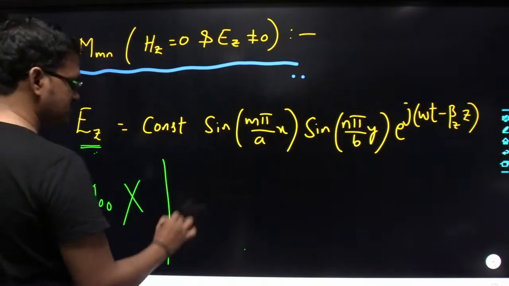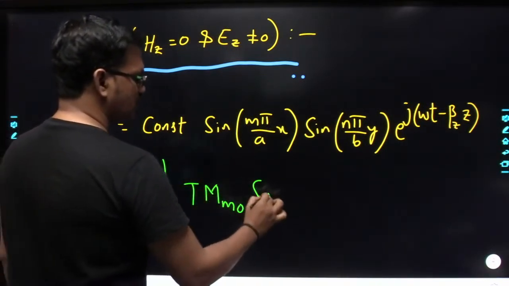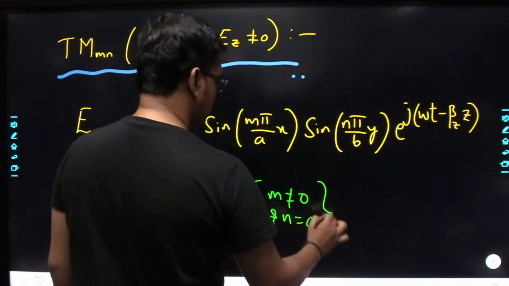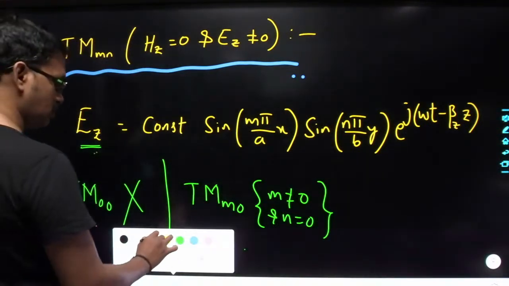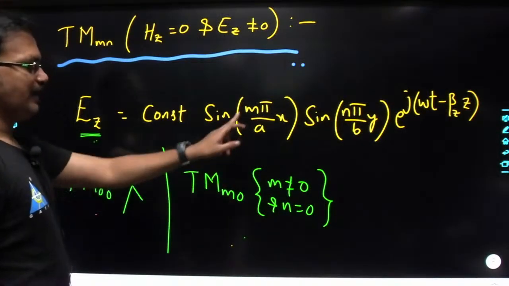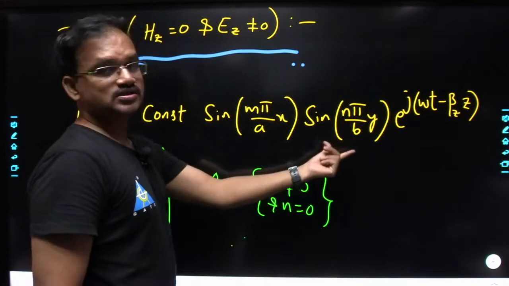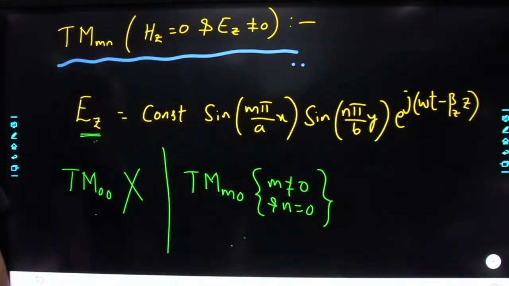Now let us check TM M0 mode. Here m is not equal to 0 and n is equal to 0. Let us check whether this mode is possible or not. If you put m not equal to 0 but n equal to 0, since it is a sine function, this field becomes 0.